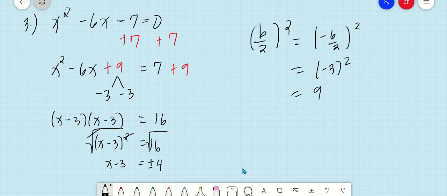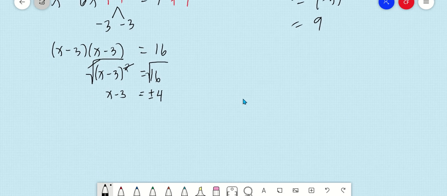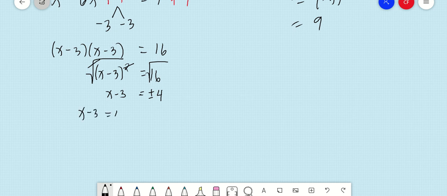Okay? So, nakuha na po natin yan. So, equate into 0. So, bali x minus 3 equals 4. Then x minus 3 equals negative 4. Again, positive 4, negative 4. Okay? So using APE, so plus 3 lang po tayo, both sides of the equation.